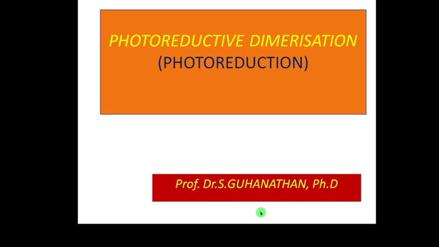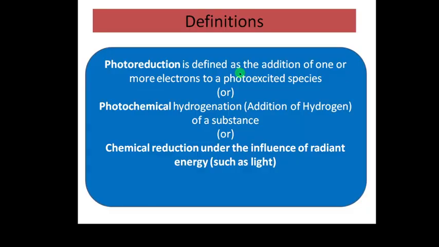In this video, I try to explain photoreductive dimerization, which is simply called photoreduction. As we know about reduction, what is reduction? It is nothing but gain of electrons, or addition of electrons, or addition of hydrogen.